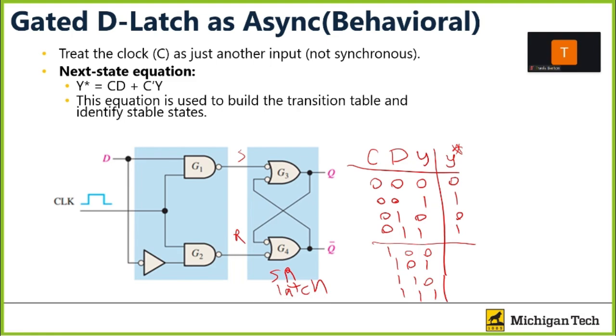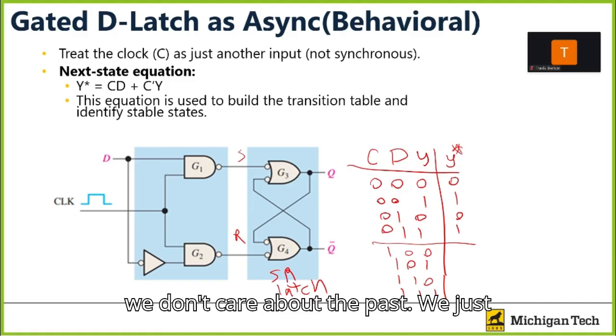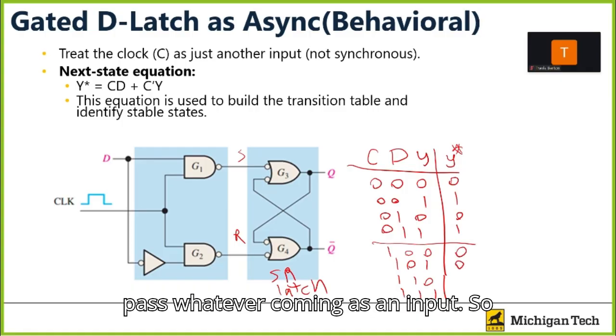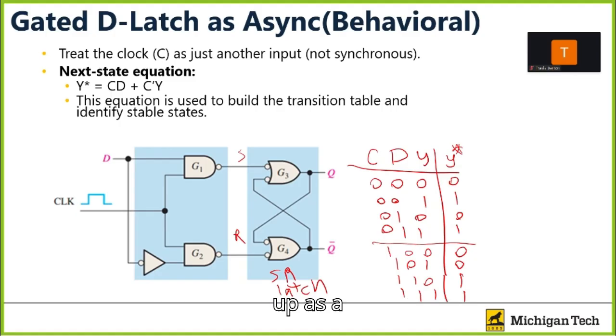And if C is 1, if the clock is 1, whatever is in D is passed. So we don't care about the past. We just pass whatever comes in as an input.